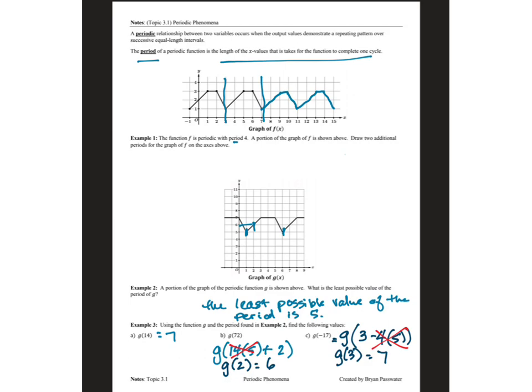Could we go back to letter A and write a better statement instead of popping it out a million times? What could we call g of 14? 2 times 5, so 2 periods, plus 4 left over.